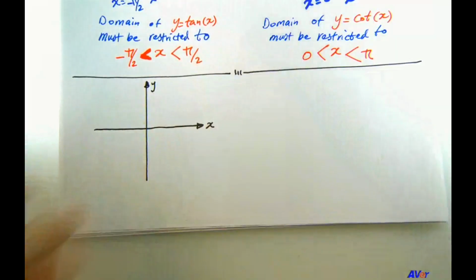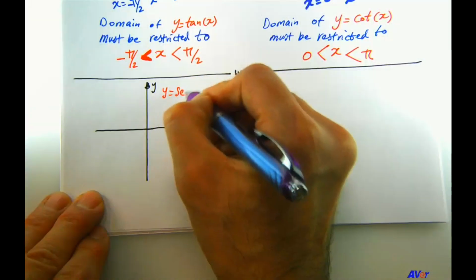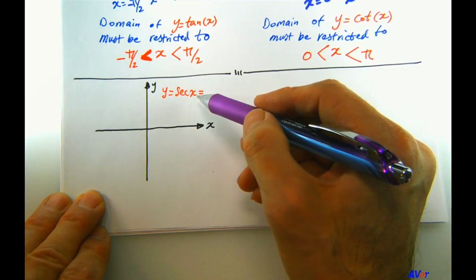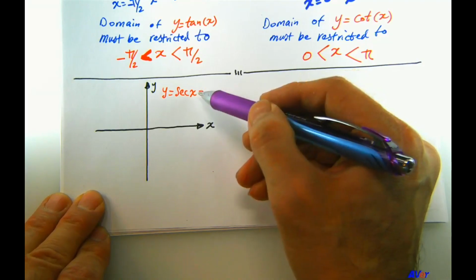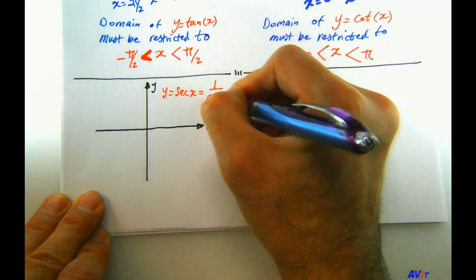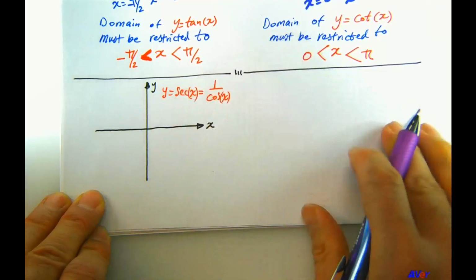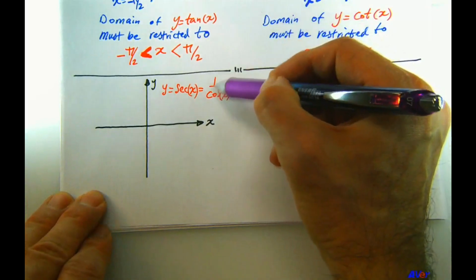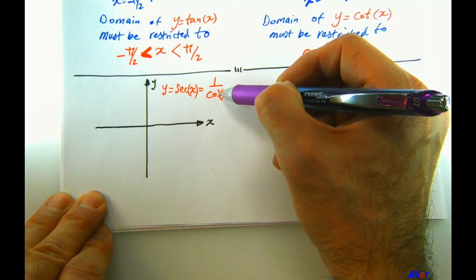So if we say y equals secant of x, remember what other trigonometric function secant of x is connected to? Do you remember that? We know that secant of x is the reciprocal of the cosine of x function.